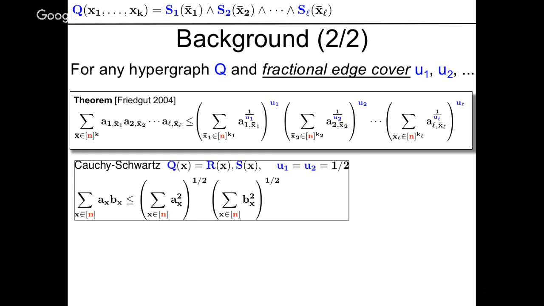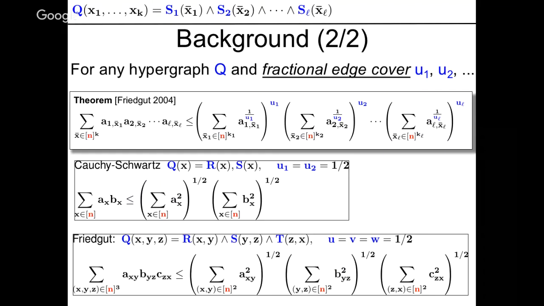I didn't put that on the slide, but here I put a different inequality. So we can apply the same principle to the triangle query. And then we get this amazing inequality that the sum of all A_xy times B_yz times C_zx is less than the product of their sums to the appropriate powers.